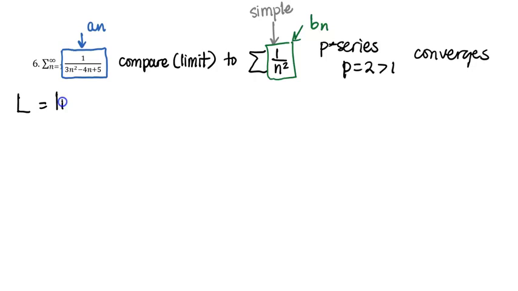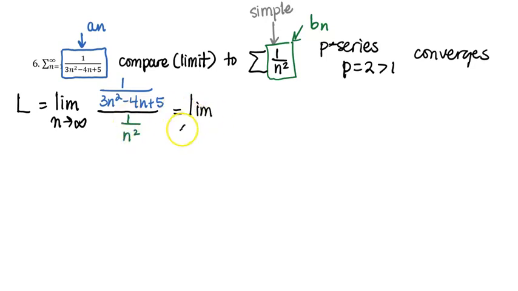I want to calculate L, which is the limit as n approaches infinity of a sub n divided by b sub n. Again, the nice thing about choosing b sub n to be very similar to a sub n is that when you get to this point where you're about to evaluate the limit, it should be very easy to evaluate.